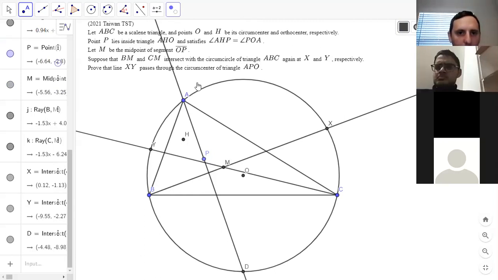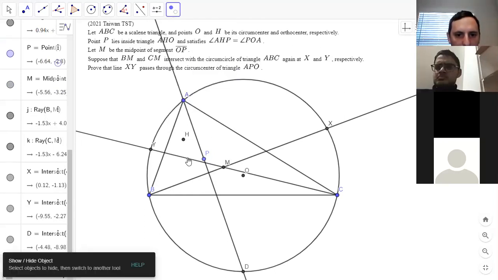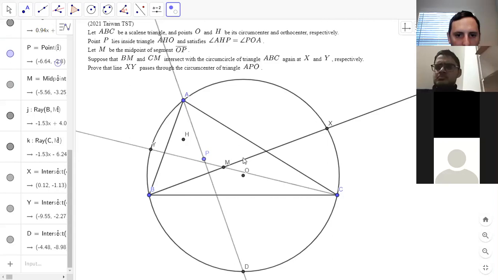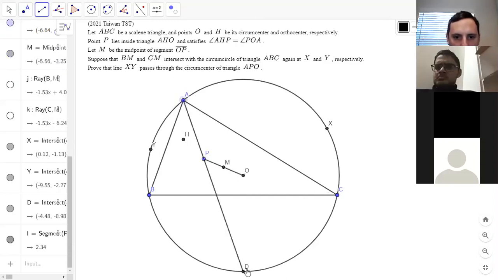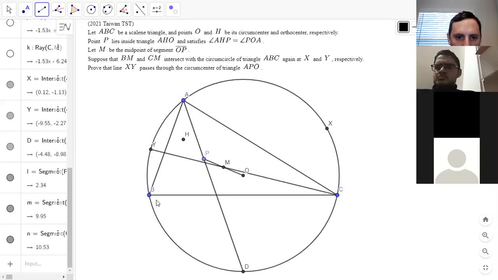And let me hide some things. And then I also want to draw PO. So M is the midpoint of PO. AP and D are collinear. CM and Y are collinear. BM and X are collinear.